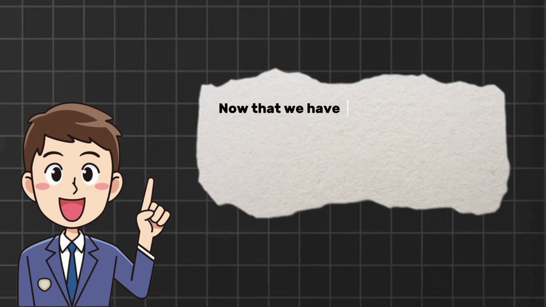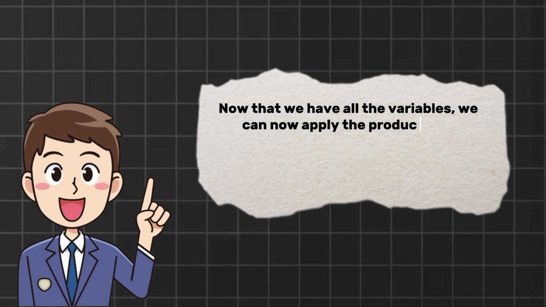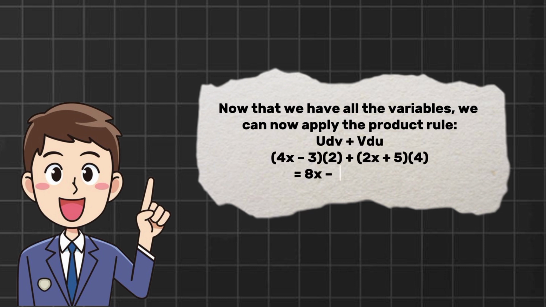After finding all the variables, we can now proceed with substitution. u dv plus v du. u equals 4x minus 3 multiplied by dv, which is 2, plus v, which is 2x plus 5 multiplied by du, which is 4. Now we can proceed with the solving.